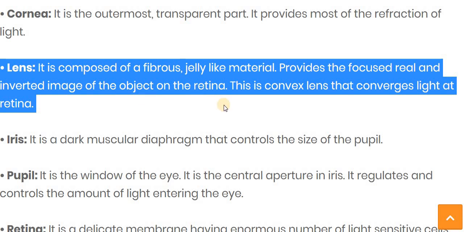The function of the lens is to provide the focused, real and inverted image of the object on the retina.